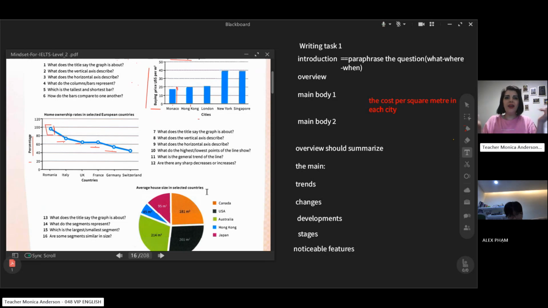When we see this bar chart, the first thing we notice is that Monaco, Hong Kong, and London are the same, but for New York and Singapore, we can see a significant change here. So this is something that we can write.